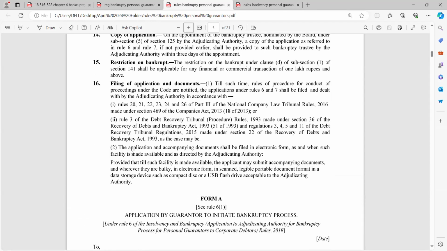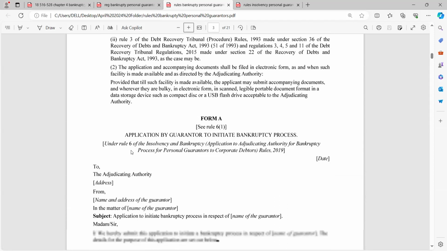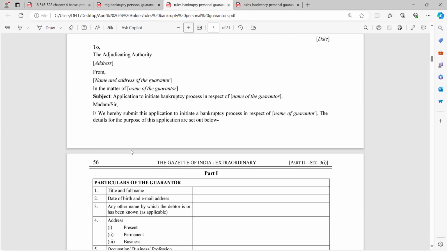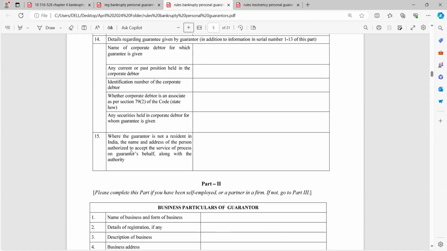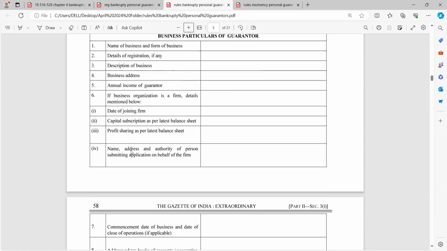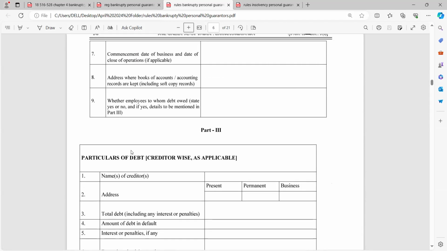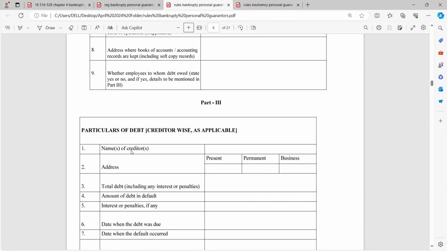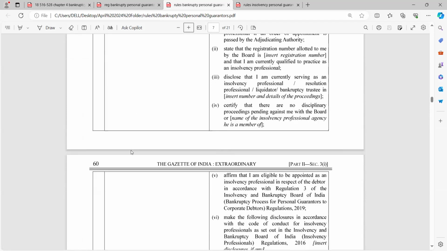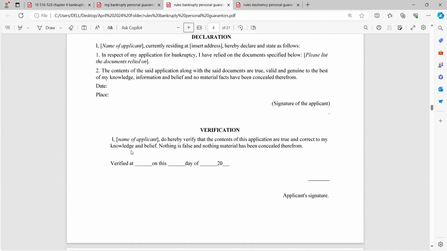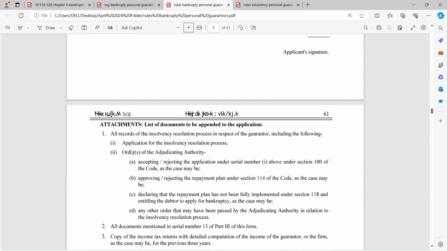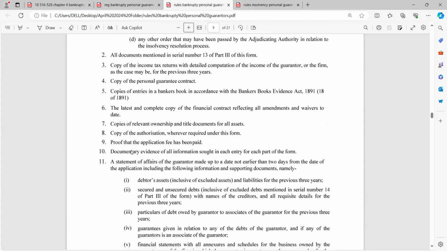So let us see whether there is any such form. Application by guarantor to initiate. Particulars of debt. Attachments. These are the attachments.